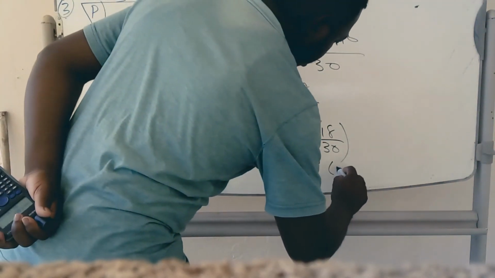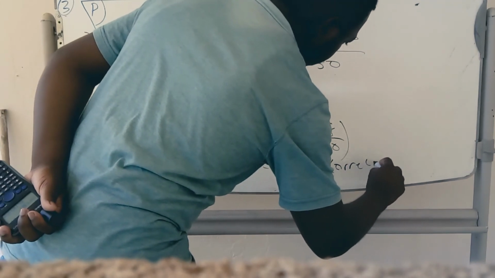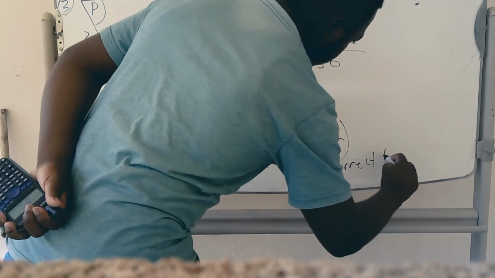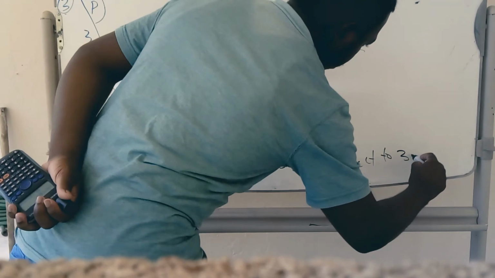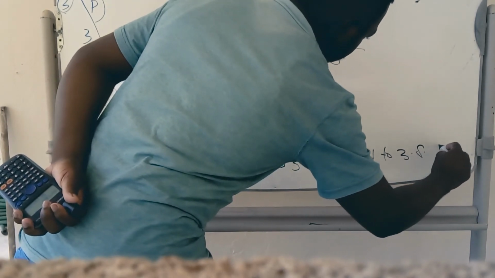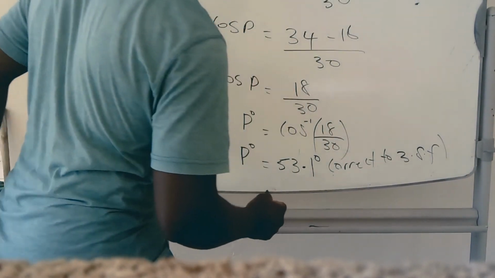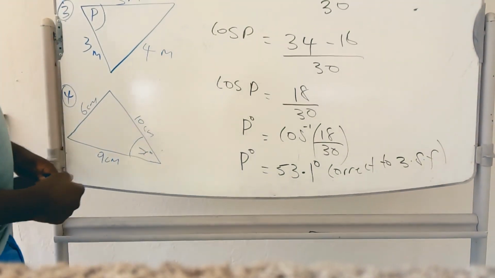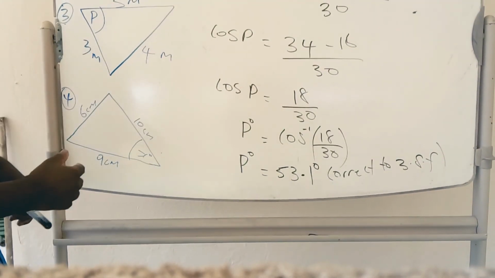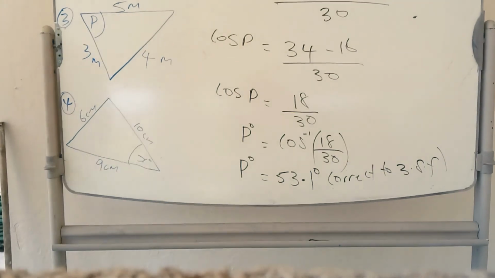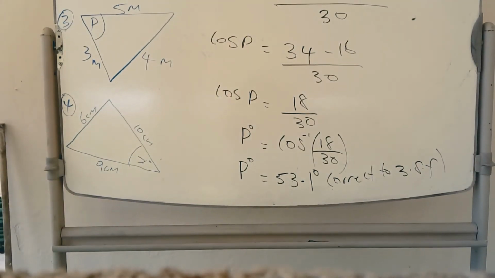Correct to 3 SF, significant figures. Alright, so that is how you would use the cos rule to calculate an unknown angle.